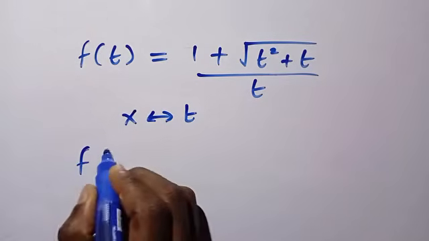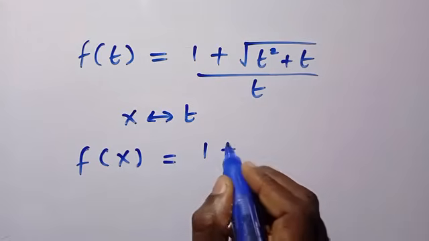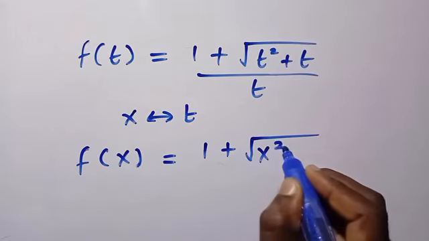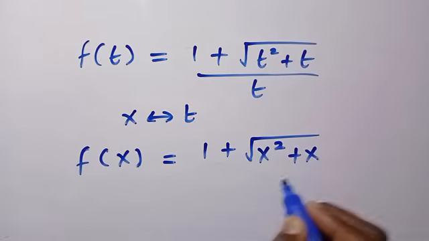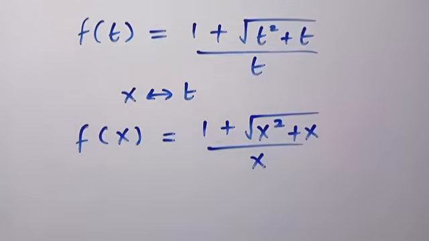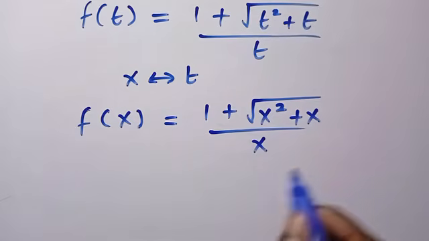Therefore we have f of x equals 1 plus the square root of x squared plus x, divided by x.